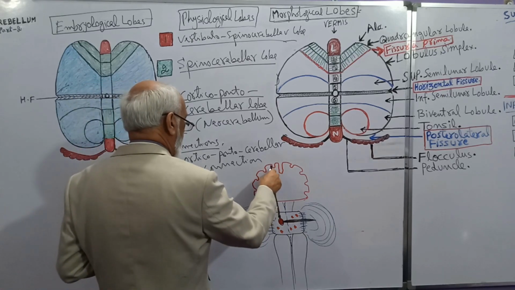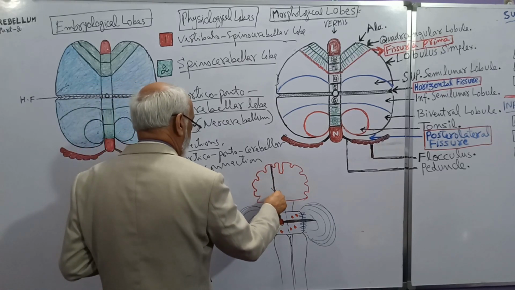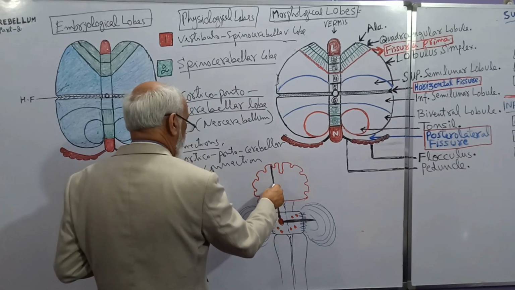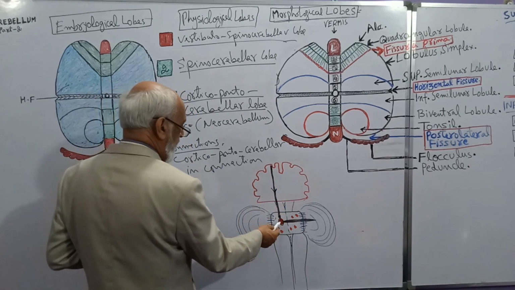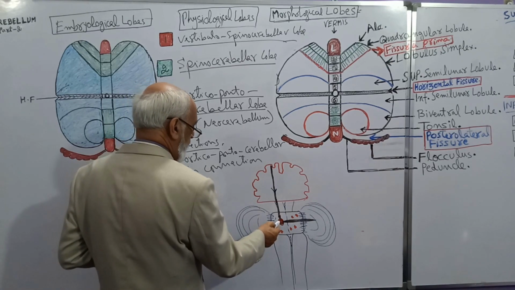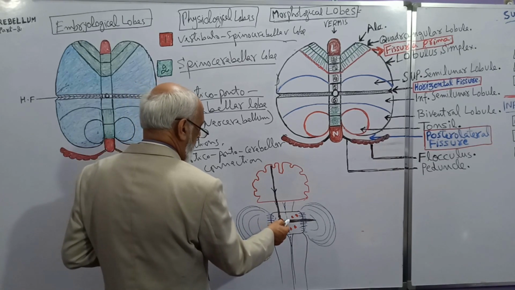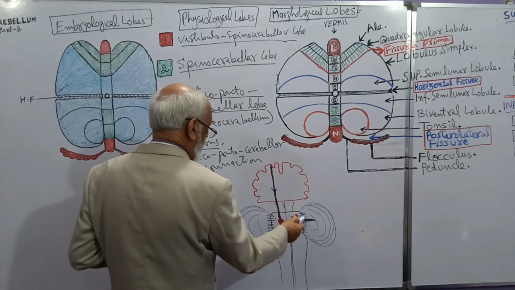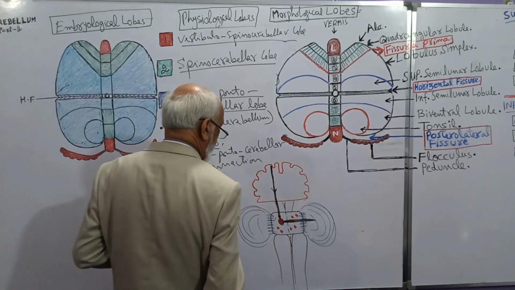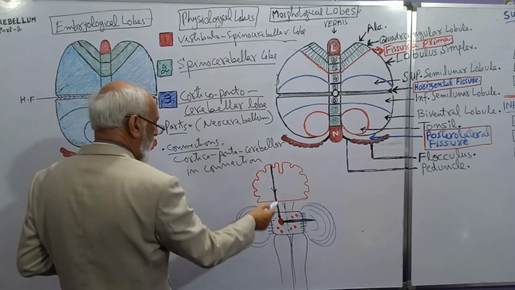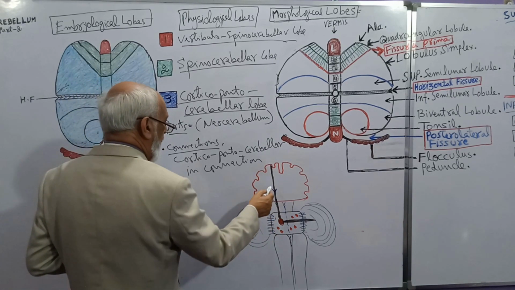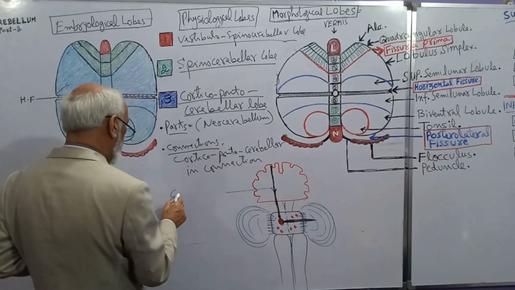From the cerebral cortex, nerve fibers arise, which descend through the cerebral hemisphere and midbrain, and enter the pons. In the pons, they end in the pontine nucleus. Then they cross the midline and enter through the middle cerebellar peduncle to the opposite cerebellar hemisphere. These fibers arising from the cerebral cortex to the pons are known as the corticopontine fibers.